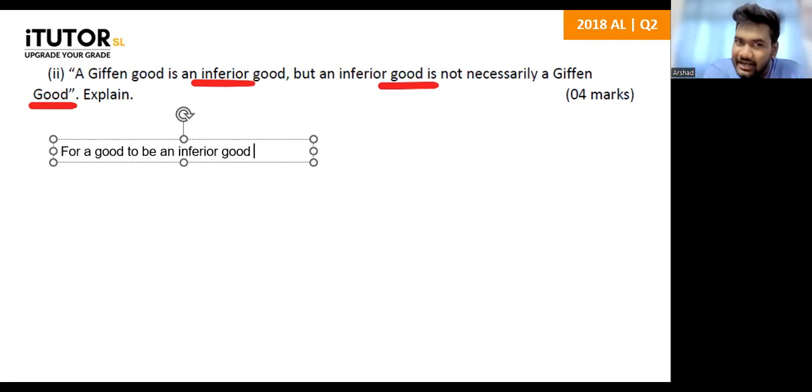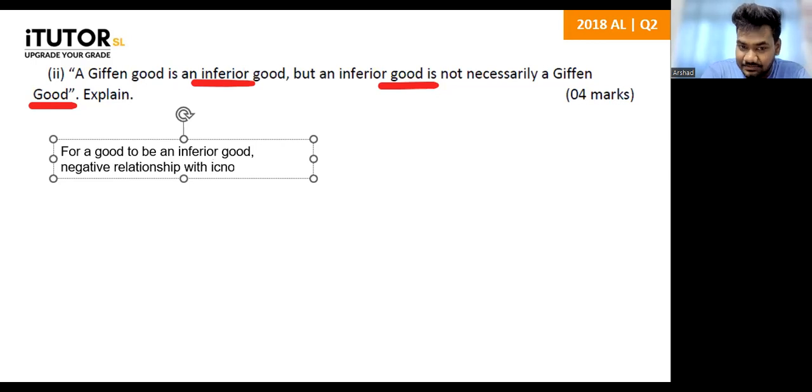For a good to become an inferior good, it needs to have a negative relationship with income and quantity demanded. In other words, you can say the income effect has to be negative. Not the substitution effect. The income effect has to be negative.